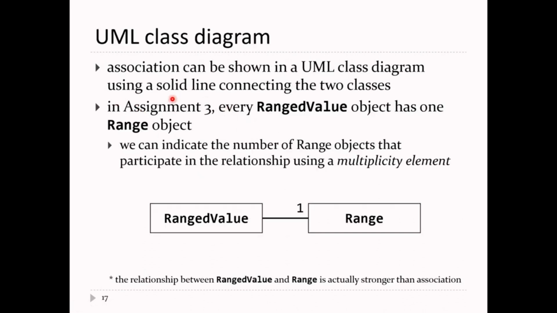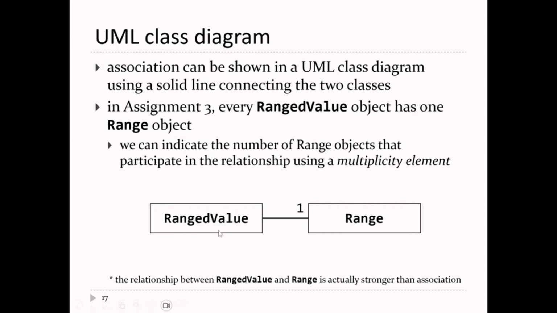Sorry, this is from another class and from a previous year. In a previous version of this course, there was a class called RangedValue and a class called Range. Range is just a mathematical interval, say between 0 and 10. A ranged value is a value somewhere in that range.